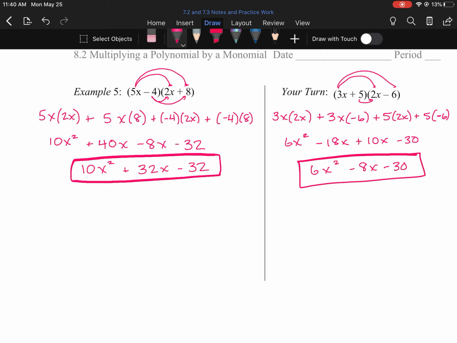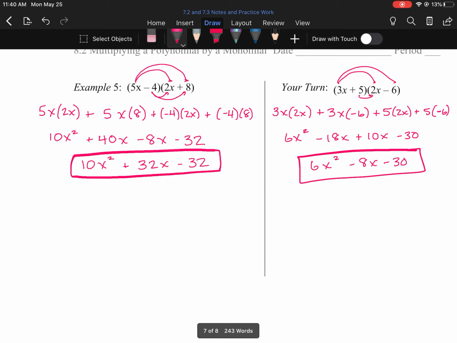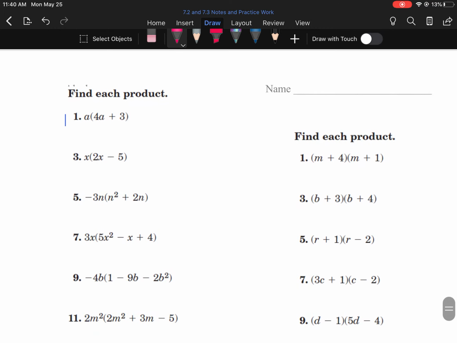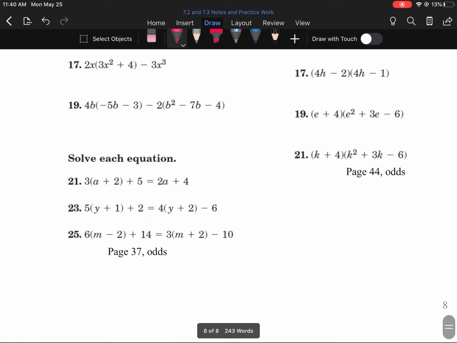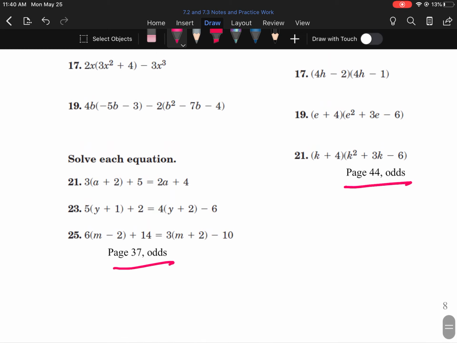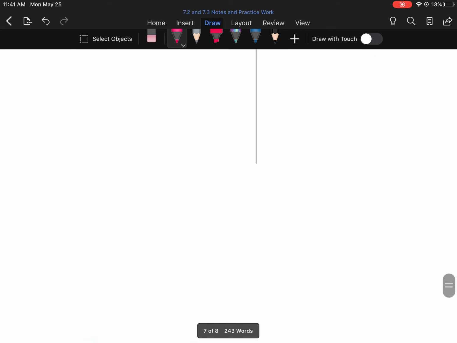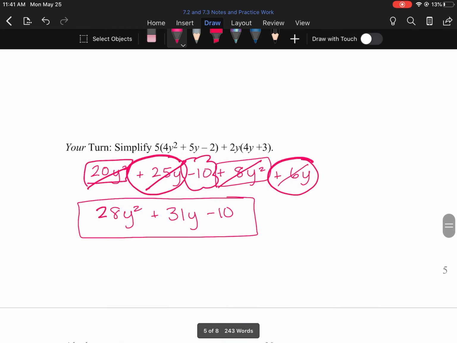All right, so that your last problem should be 6x squared minus 8x minus 30. All right, and you are going to see here on your practice work, each of these are from different pages. So make sure you check those answers out when you get there.